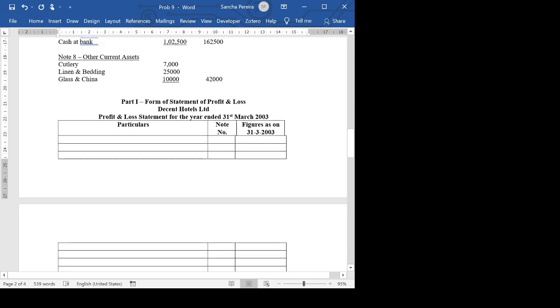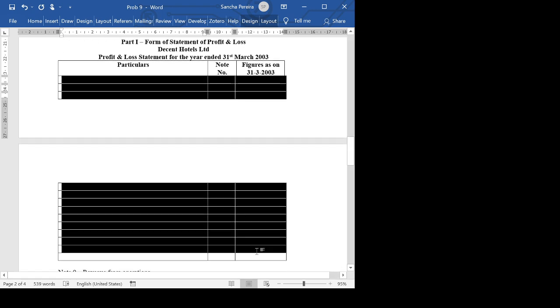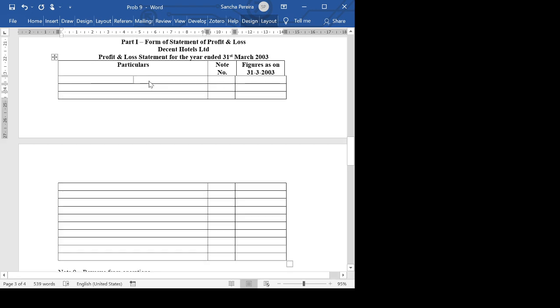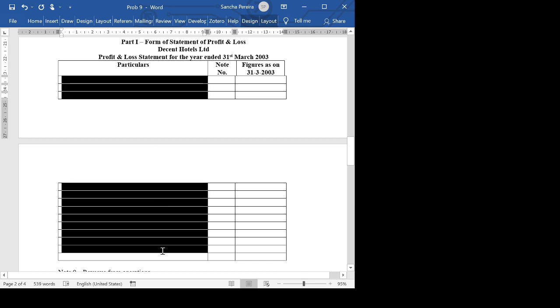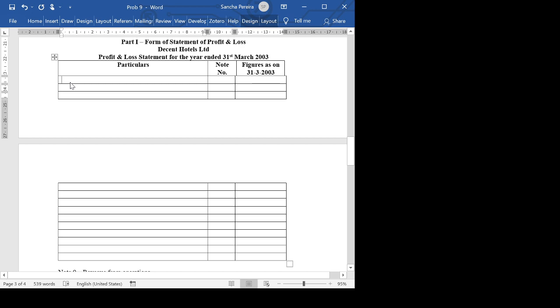So for that, we will have to prepare the profit and loss. So I move now to the profit and loss account. The first thing here is revenue from operations.